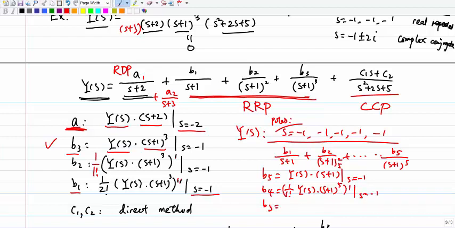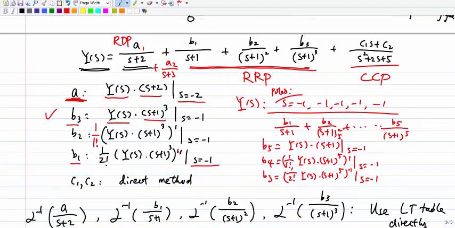And b3 is 1 over 2 factorial, y(s) times s plus 1 to the fifth. Again, you take a double derivative, set s to negative 1, and b2 is 1 over 3 factorial, y(s) times s plus 1 to the fifth again.